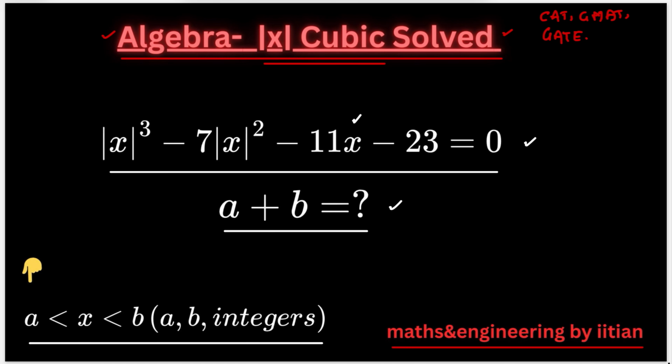Here the absolute value of x, its square and cube, and ordinary x appear. Then x should be between two integers a and b, and we have to find out a plus b.